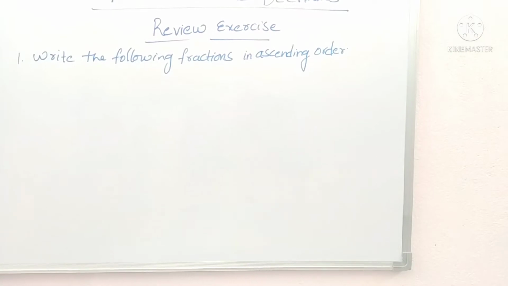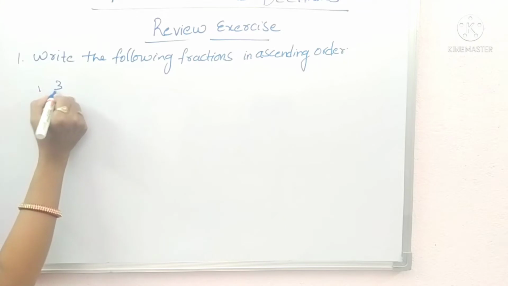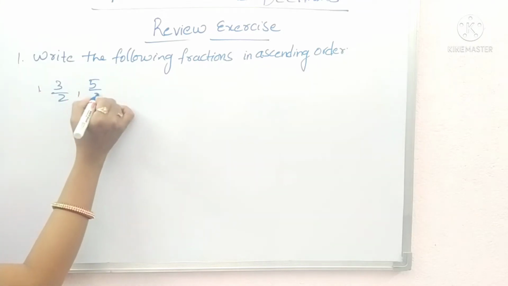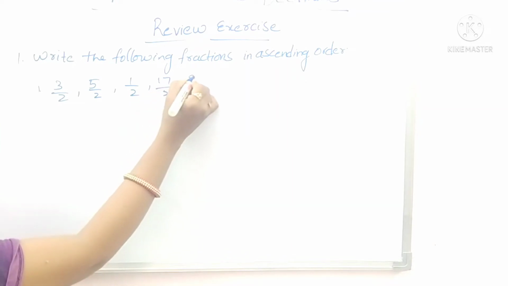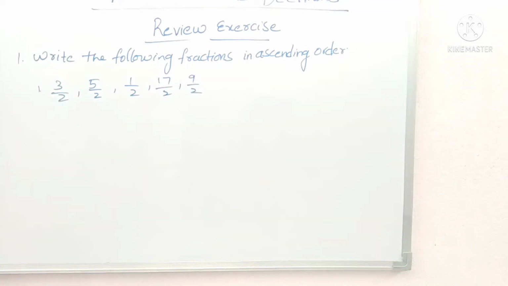Here is our first problem in the review exercise: write the following fractions in ascending order. Our first problem: 3 by 2, 5 by 2, 1 by 2, 17 by 2 and 9 by 2. If you observe here, all the fractions have the same denominator, right?